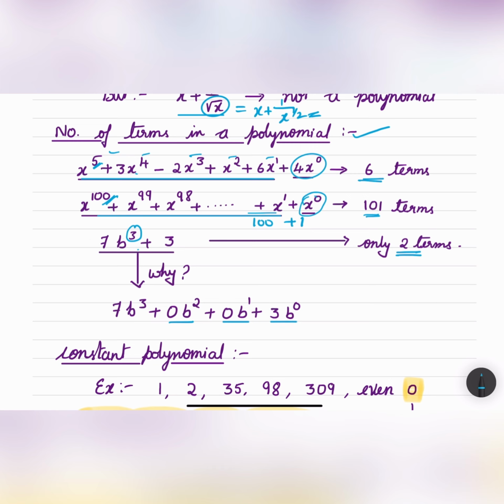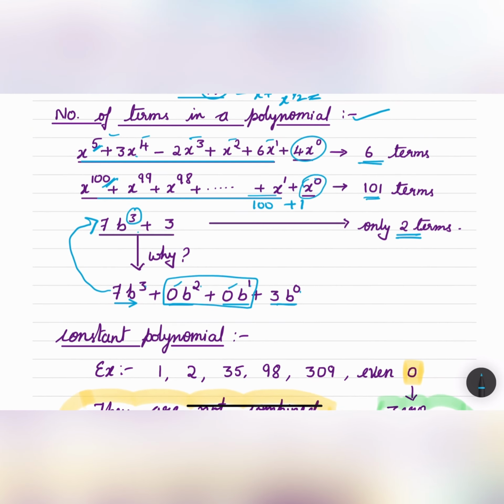This is power 3, power 2, power 1, power 0. Now this is 7b cube and then plus 3. The other 2 terms have the coefficient 0 and 0, due to which we have only 7b cube plus 3, and hence this polynomial has only 2 terms.